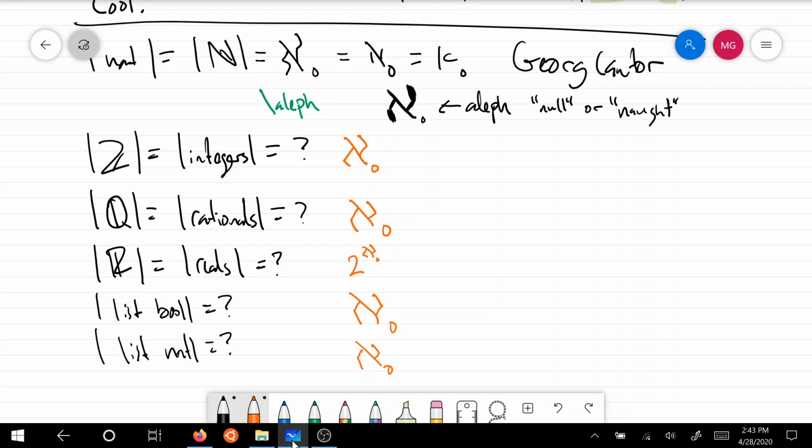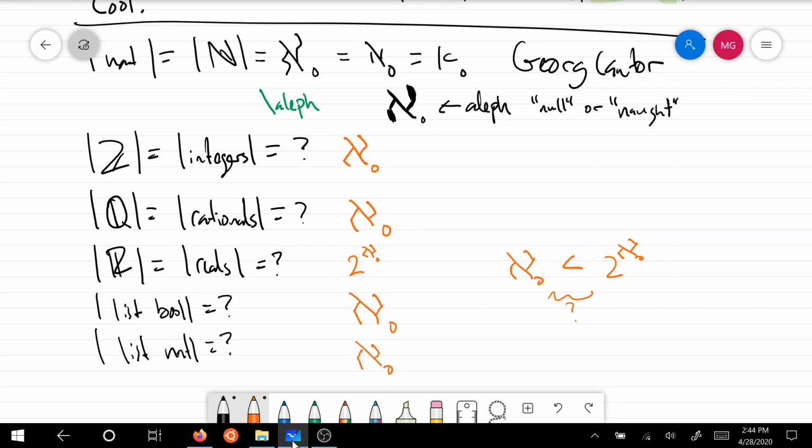Now, there's a famous question called the continuum hypothesis that says, hey, here we have Aleph null. It's going to be strictly smaller than 2 to the Aleph null. Does anything go in there? And people don't know.